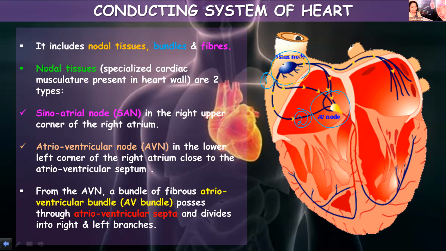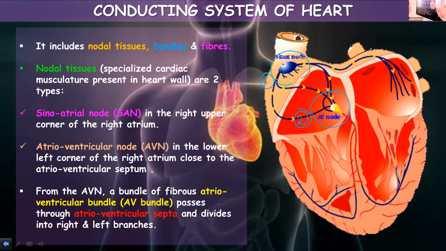To be specific, they are present on the walls of the right atrium. There are two nodal tissues, SAN and AVN. SAN is situated on the upper right corner of the right atrium, whereas on the lower left side of the right atrium, we have the atrioventricular node or AVN. That is about its location.